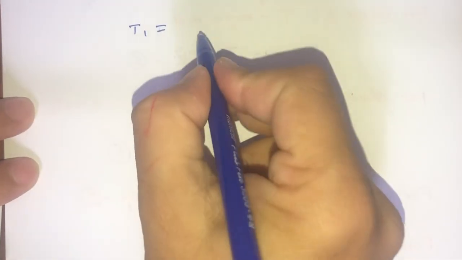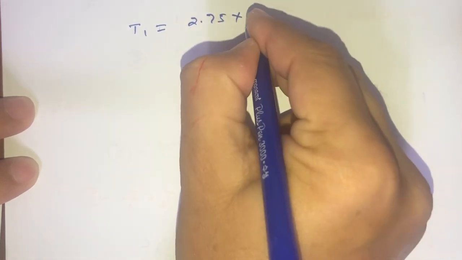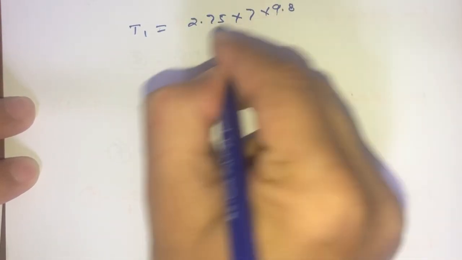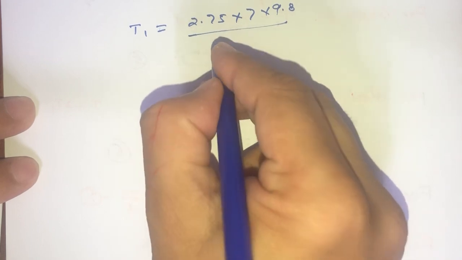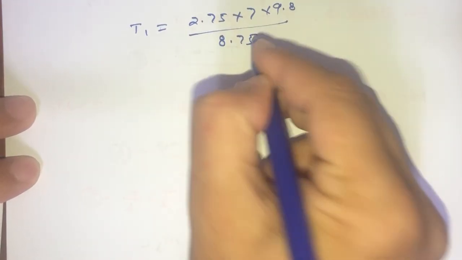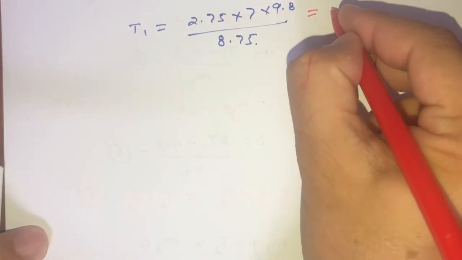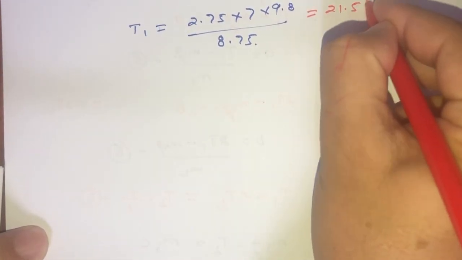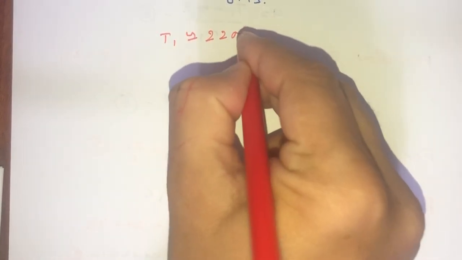T1 is equal to 2.75 into 7 into 9.8, and 2 cancels, 4 cancels this 2, and we get this as 8.75. Okay, and this will be coming as 2.56. So we can approximate that value of T1 is equal to 22 newtons.